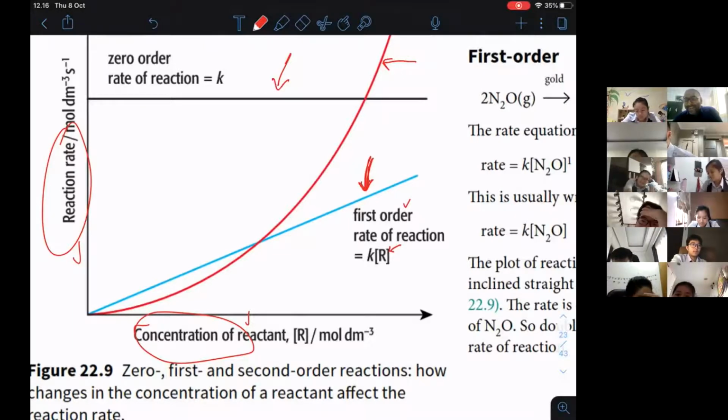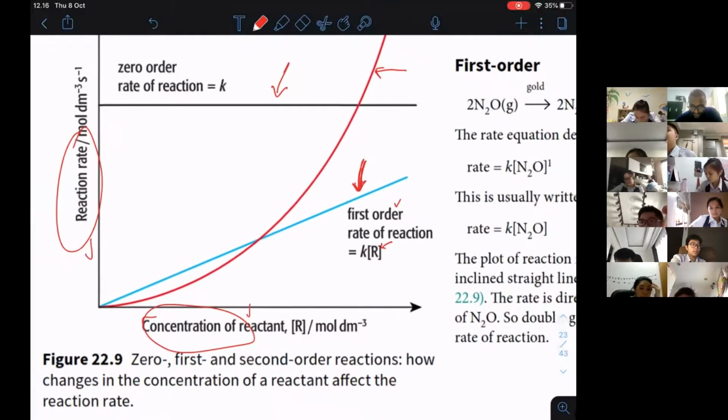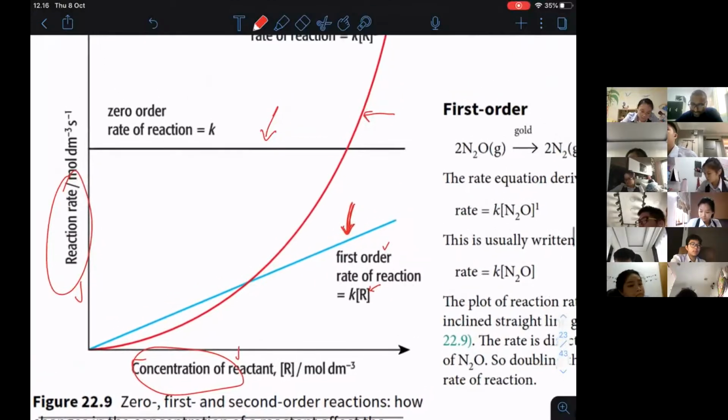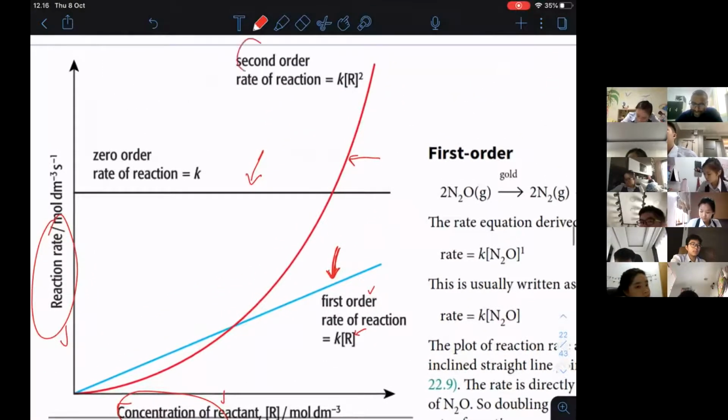Okay, quadratic graph. So x to the power of 2.